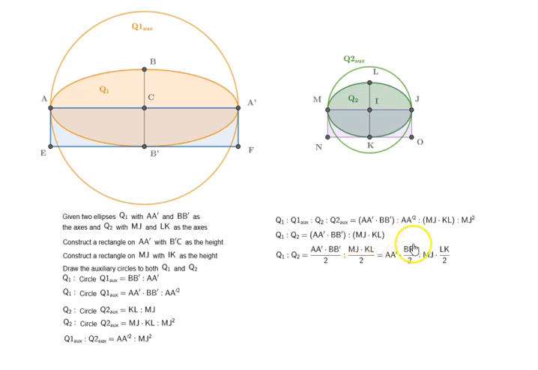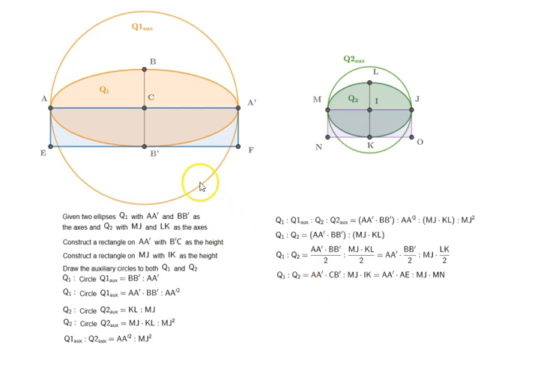And here what we are going to do is divide BB prime by 2 and LK by 2, which would give us Q1 is to Q2 is equal to A prime times half of BB prime, which is CB prime, is to MJ times IK, because IK is half of LK.